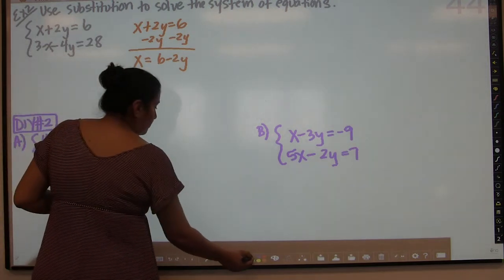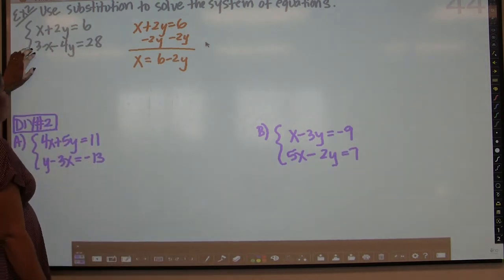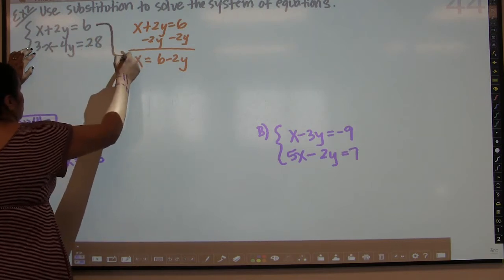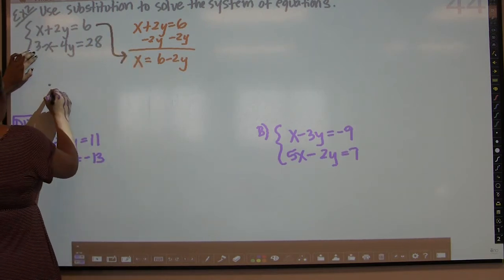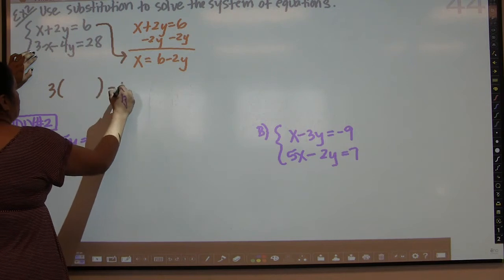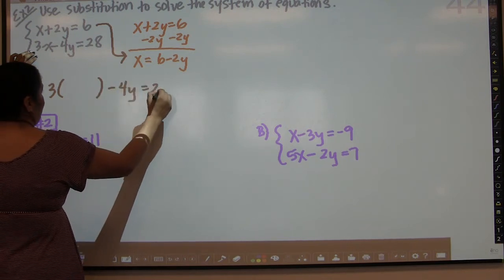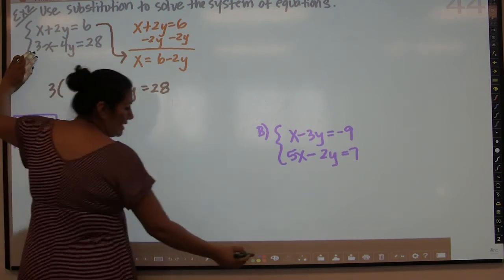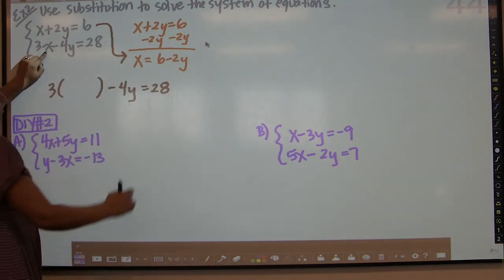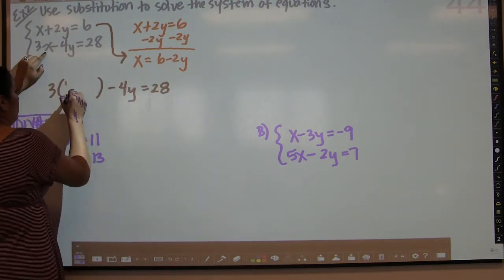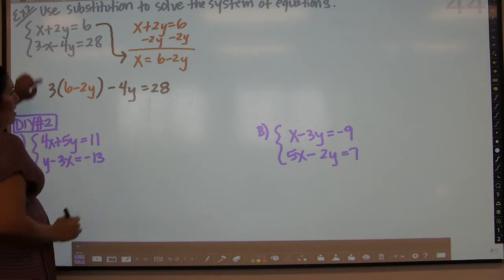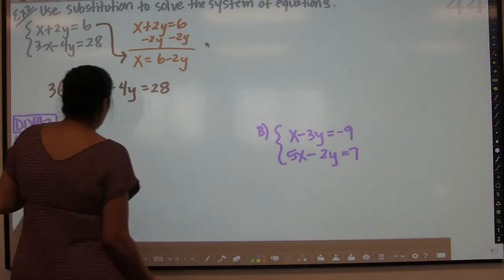So now my second equation is 3x minus 4y equals 28. I then replace the x variable with the expression that x equals from the first equation, and then I solve for y.